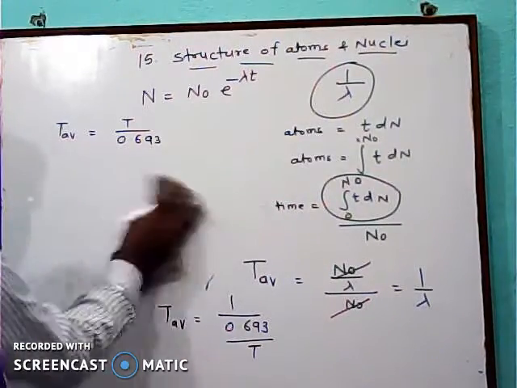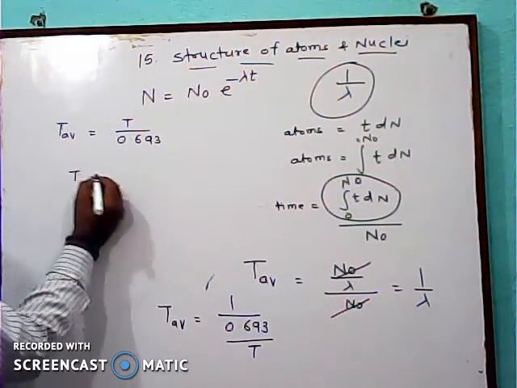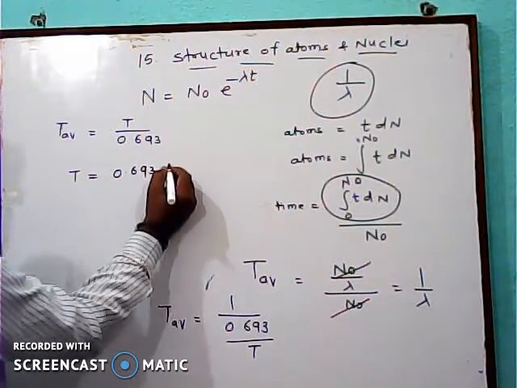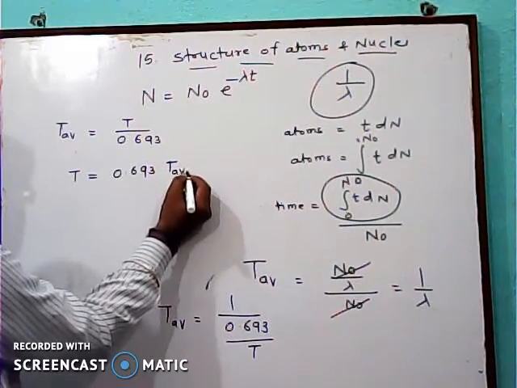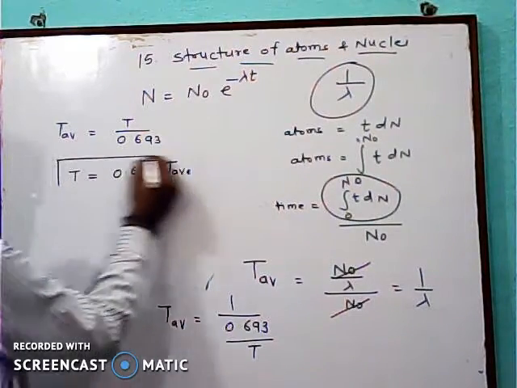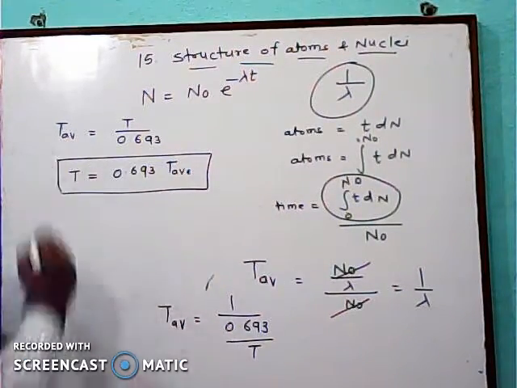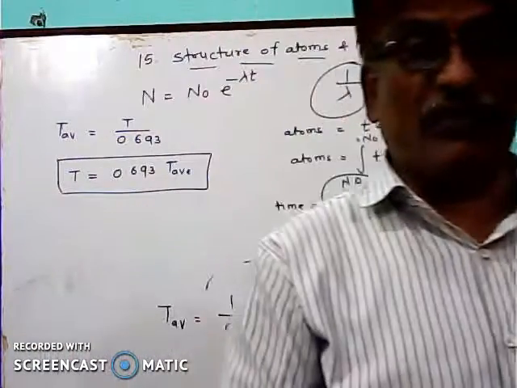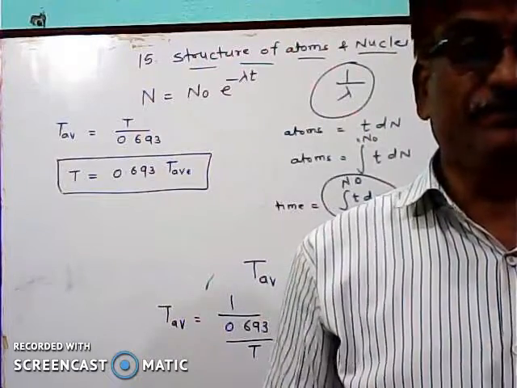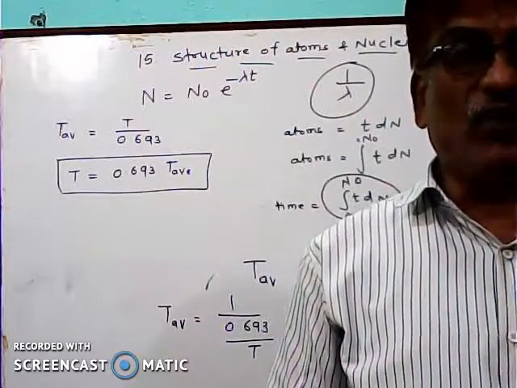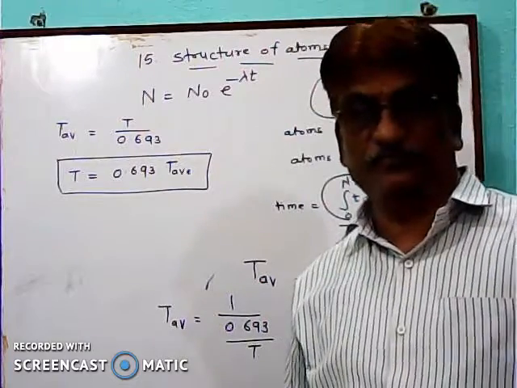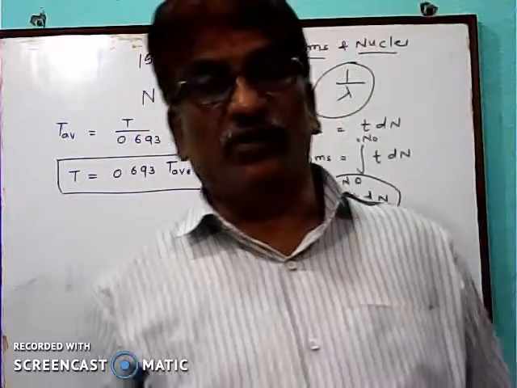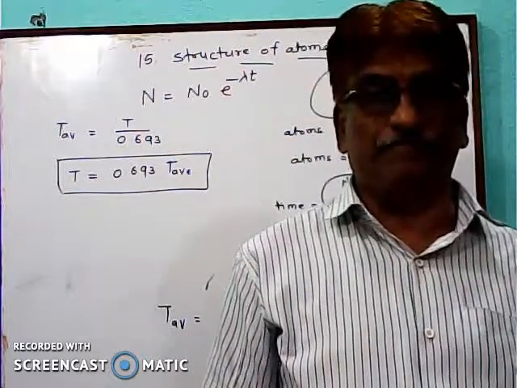So we get the relation that half-life is 0.693 times average lifetime, and that gives the relation between half-life and average lifetime for a radioactive substance. So the theoretical part of this chapter is complete.